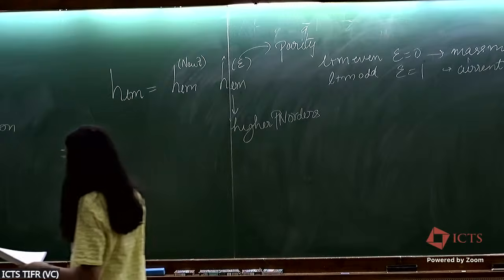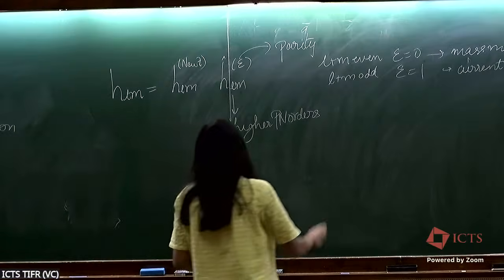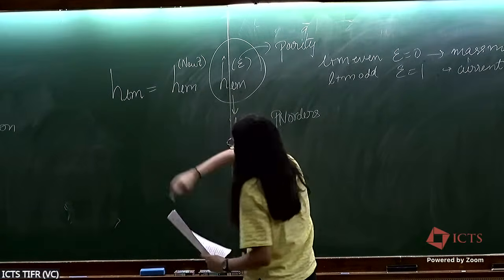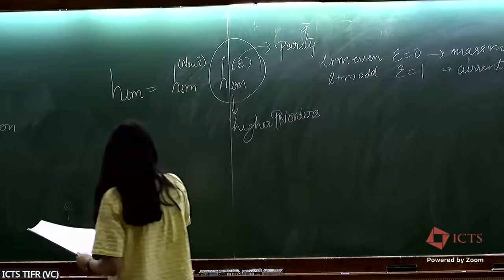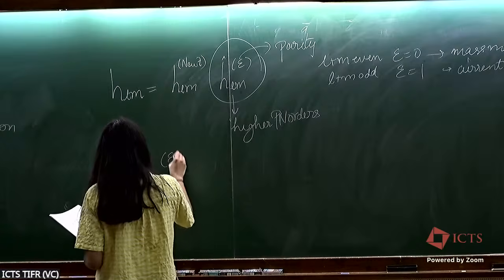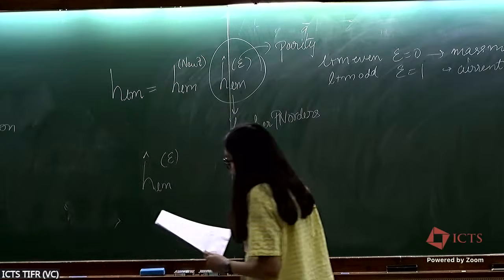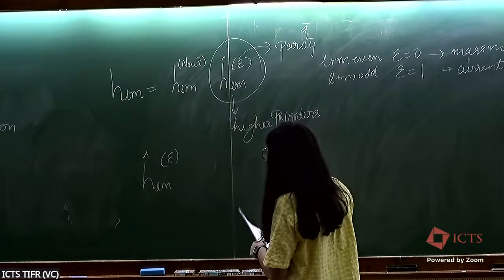So the basic idea of this parameter-free resummation of gravitational wave modes is to resum this bit of information where the higher order PN corrections are. We need to resum this piece, and how do we do the resummation of this piece?